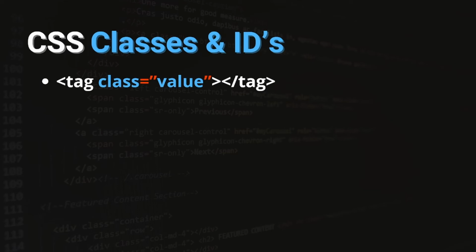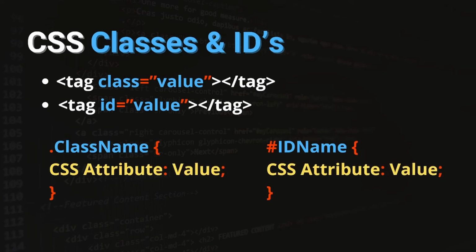Classes are given to groups, similar elements, for example, that you want to have similar stylings on. On the contrary, IDs are usually given to only one element, so they are unique, and that's how you should use them, despite the fact that you can give the same ID to all elements. So the syntax is the same, except that you give an ID there.